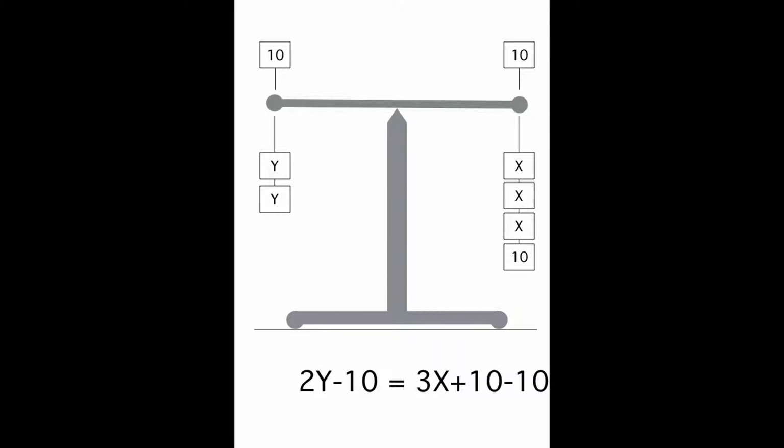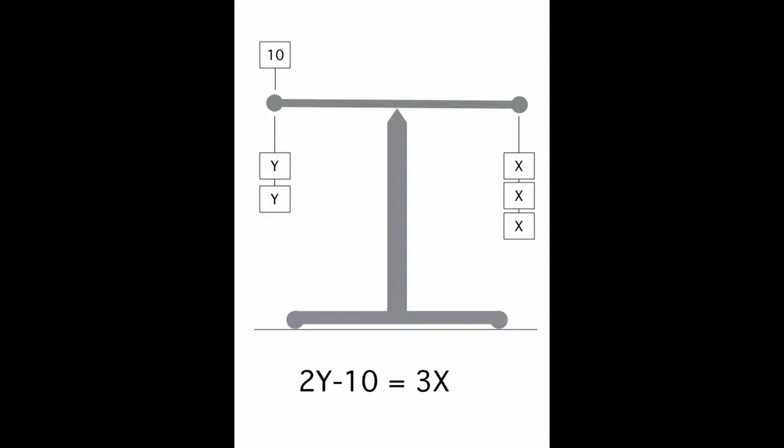I end up with an equation 2y minus 10 is equal in value to 3x plus 10 minus 10. I've represented the minuses as weights pulling upwards on the balance. Positive weights pull down, negative weights pull up, and where I have a plus 10 pulling down and a minus 10 pulling up, those two cancel out, so they disappear without affecting the balance.